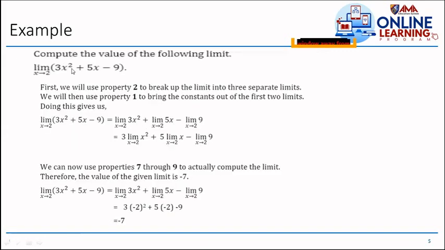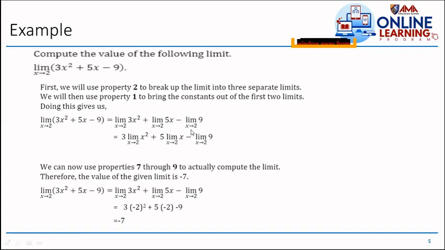Okay? Next, compute the value of the following limit. Limit quantity 3x squared plus 5x minus 9 as x approaches to 2. So, madali lang siya. Didistribute natin siya uli dito, isa-isa. So, we have limit 3x squared as x approaches to 2 plus limit 5x as x approaches to 2 minus limit 9 as x approaches to 2.